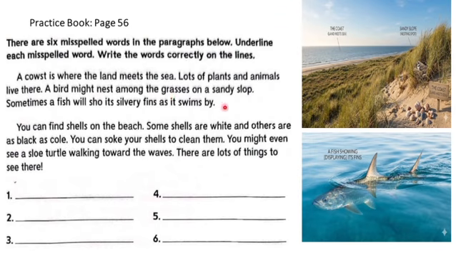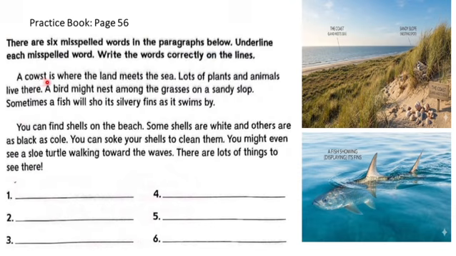Let's read again the first sentence. A coast is where the land meets the sea. In this sentence, we are talking about the place where the land meets the sea. This is the place. You can see the sea and you can see the land. What do we call this place? This is the coast, right? But do we write coast like this?